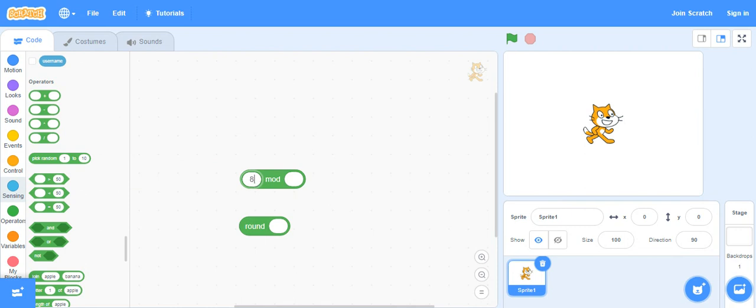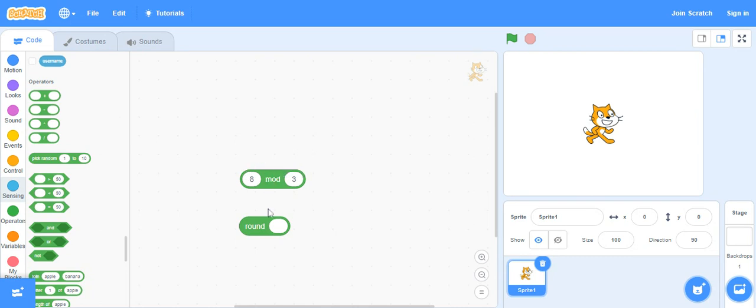So 8, and now we divide it by 3. Now what is the remainder? 2. So 6 is divisible by 3 and there is the 2 remainder that makes 8. So mod simply gives us the remainder of two undivisible numbers.